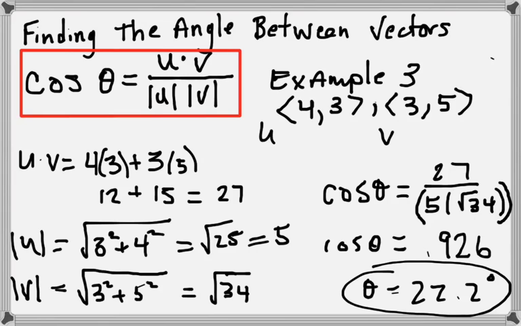Is that 22.2? Yes. So 22.2 is the answer. I think it actually turns out to be like 22.17 or 22.18, but round to the nearest tenth of a degree. Be careful in this. This is easy, but if you don't know how to type it into the calculator, no matter how smart you are, your calculator is going to spit out the wrong answer and you won't realize it.